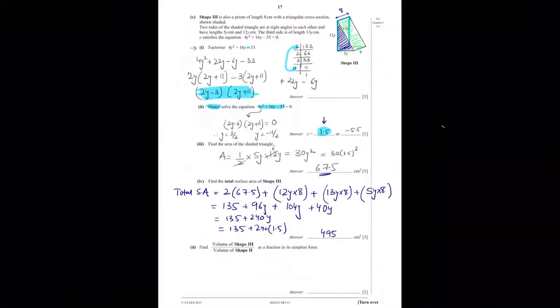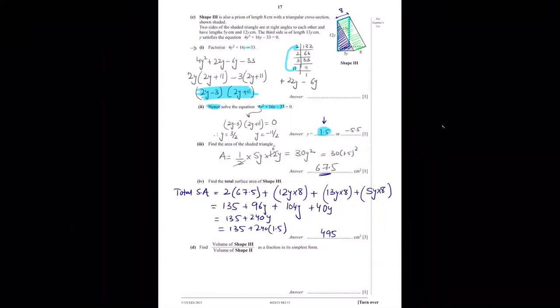Okay, sir. Now, in the last part, you have been asked to find the ratio of the volume of shape 3 to the volume of shape 2, and you have to express this fraction in its simplest form. So the volume of this shape is going to be equal to cross sectional area times height.